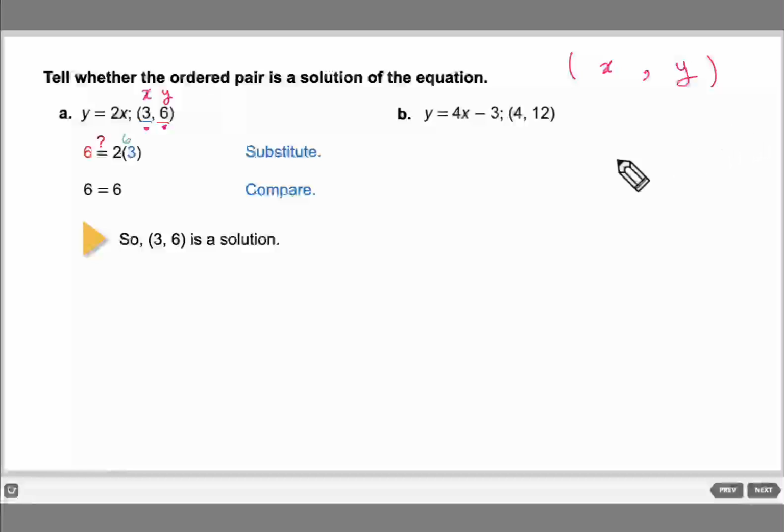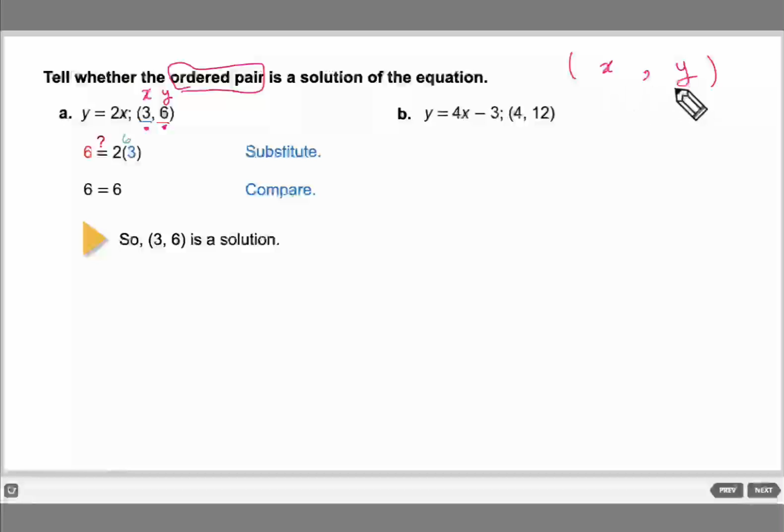Okay, my hero. Ordered pair means it should be in this order. It will always be in this order. You will find it x, then y. All the time. Because this is the order. We call it ordered pair.